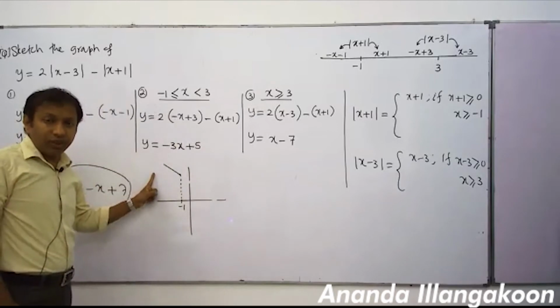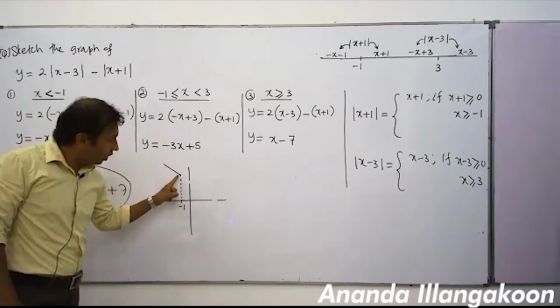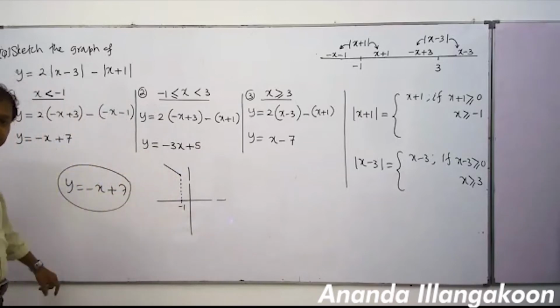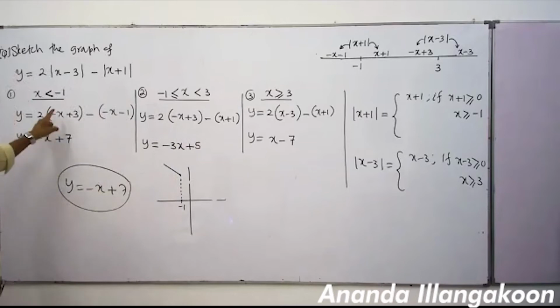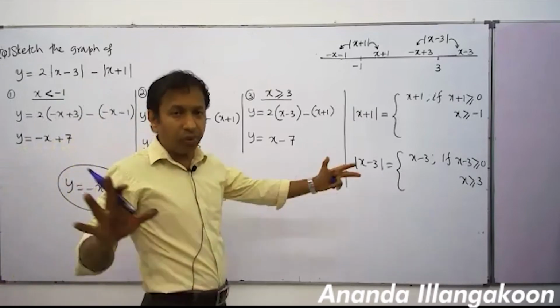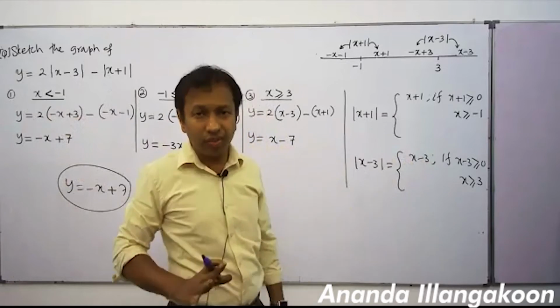Okay. So to minimize our work, without drawing the whole graph, only this part I am going to draw straight away. That's what I am going to do. Right? So nobody can say, here, putting x equals minus 1, you can't put minus 1 here. I agree with that. I am not going to do the same thing. I am going to do the whole line, and of that line, the required part I am going to take straight away at once.